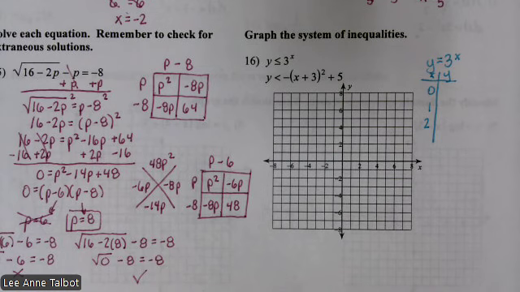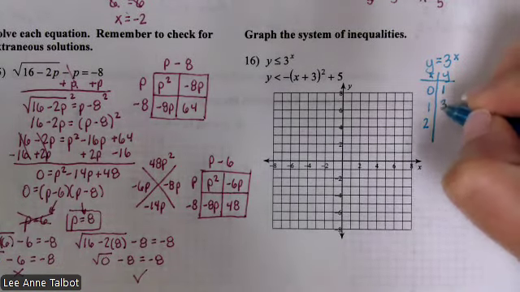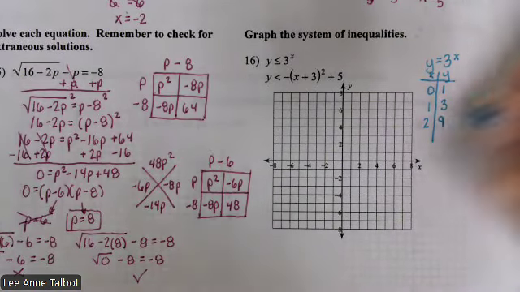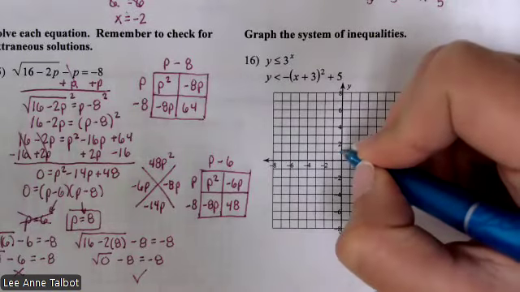Again, on the test, you guys will have a graphing calculator. You can use that to find the table for speed, but I'm just gonna do this. So 3 to the 0 is 1. 3 to the 1 is 3. 3 to the 2 is 9, which I realize is off the graph, but it's okay.